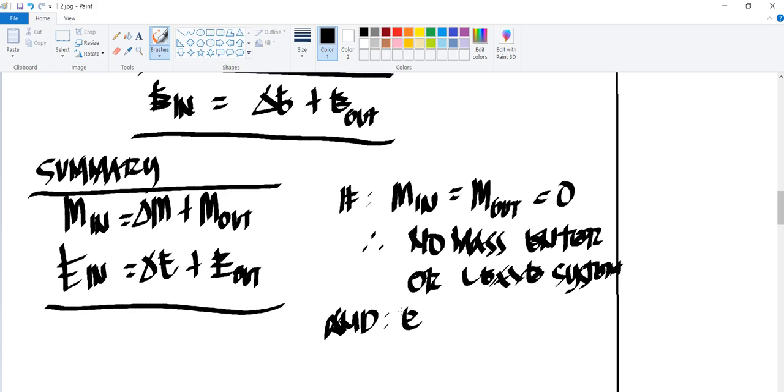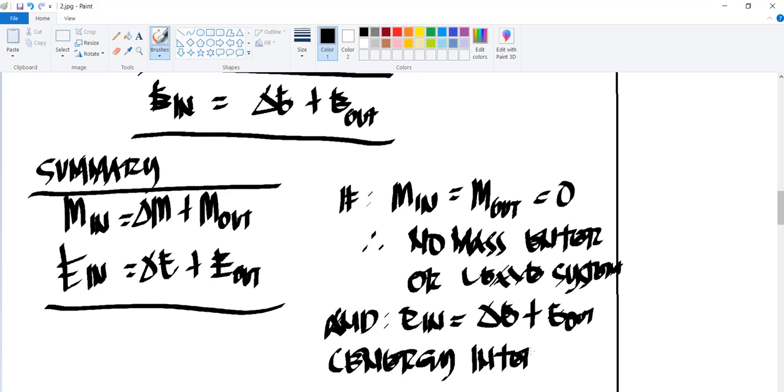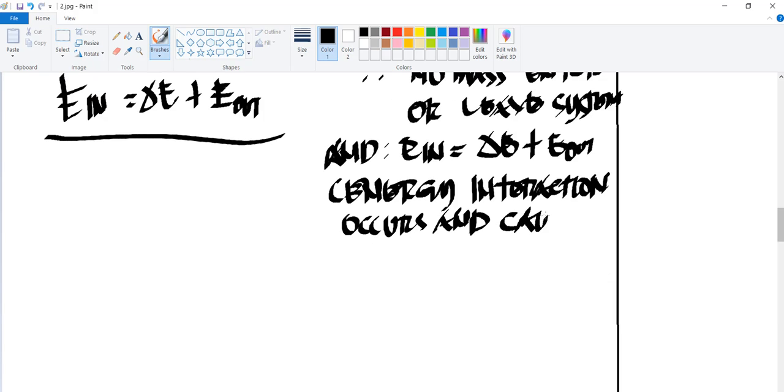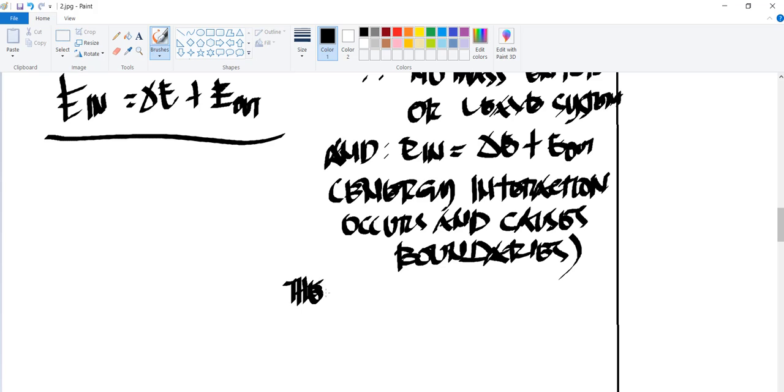And if energy in and the change in energy plus the out, we have energy interaction that occurs across the boundaries. Then the system is called a closed system.